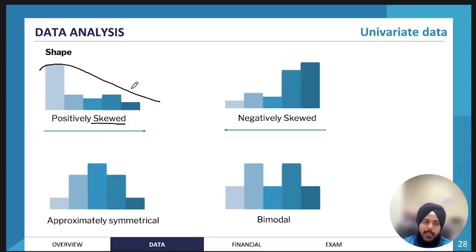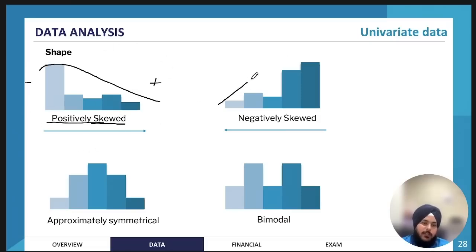So this is essentially a skew on the positive side of the data. This is the positive side and this is the negative side. The data is skewed towards the positive side, where we have most of the data concentrated on the left-hand side and being skewed on the right-hand side. So that's why this is termed positively skewed.